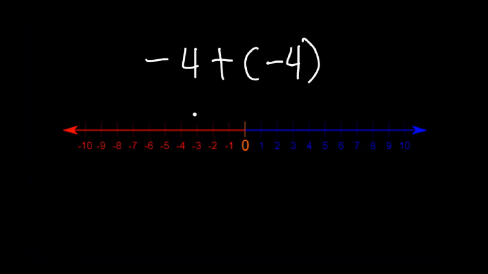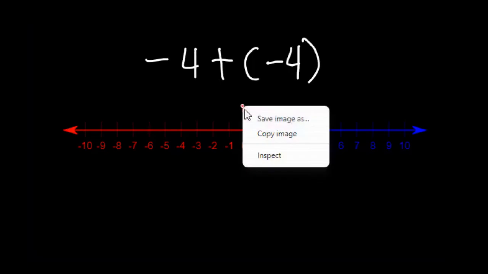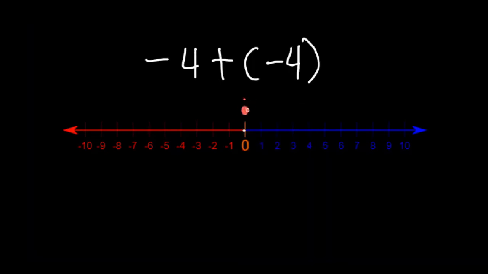So, paano natin hahanapin yung sum ng dalawang negative? So, start tayo from 0. Okay? So, nag-start tayo ay 0. Ito yung starting point. Mag-move tayo ng 4 na beses this time to the left. So, 1, 2, 3, and 4. So, natapos tayo dito sa negative 4. Ngayon, may isa pang negative 4.